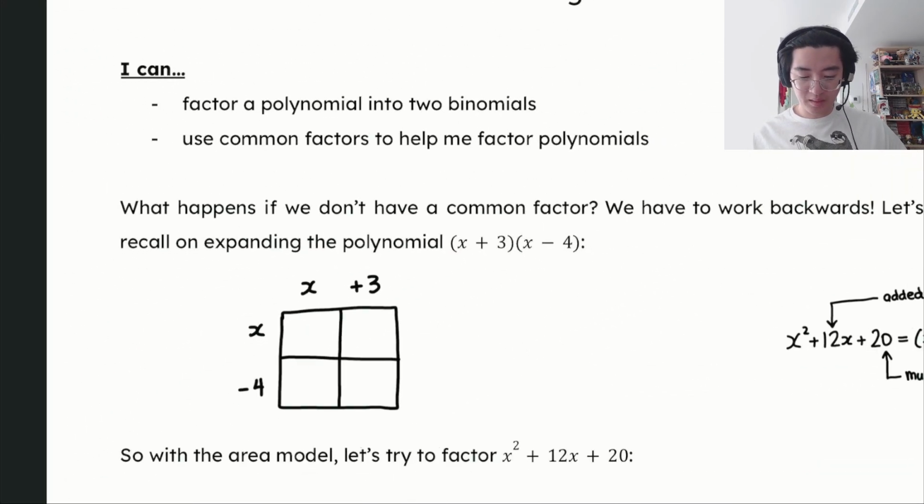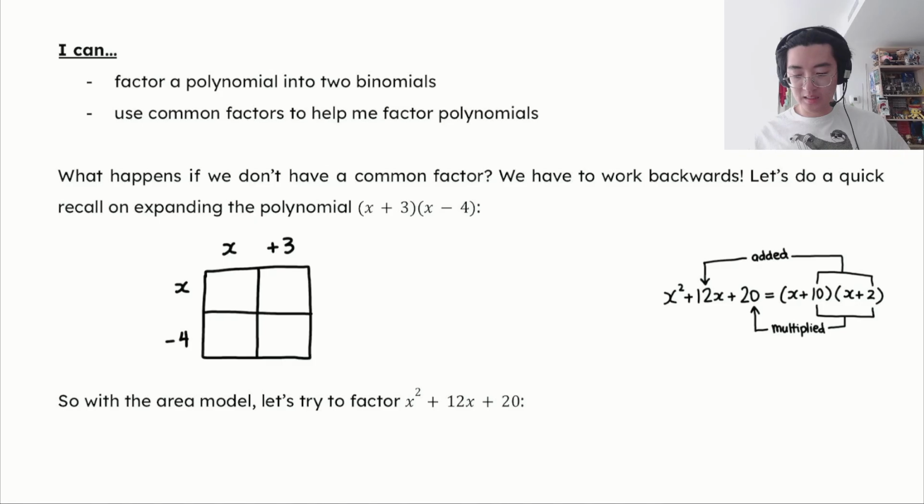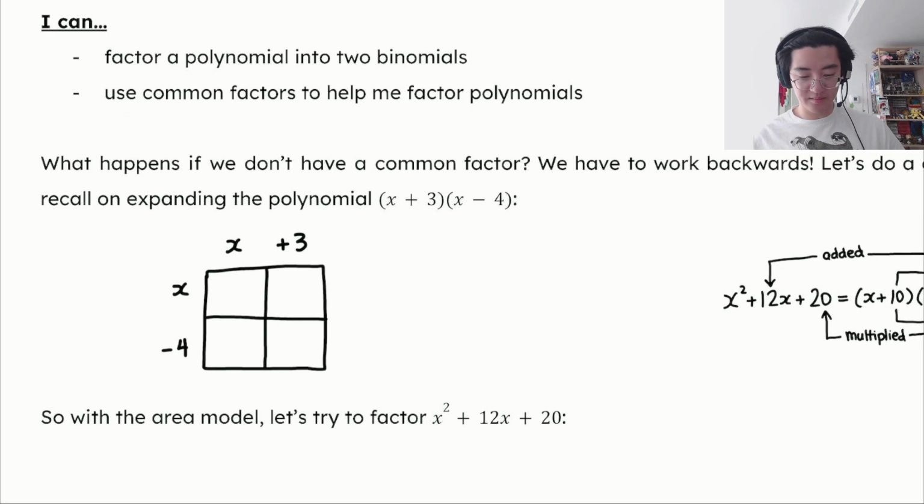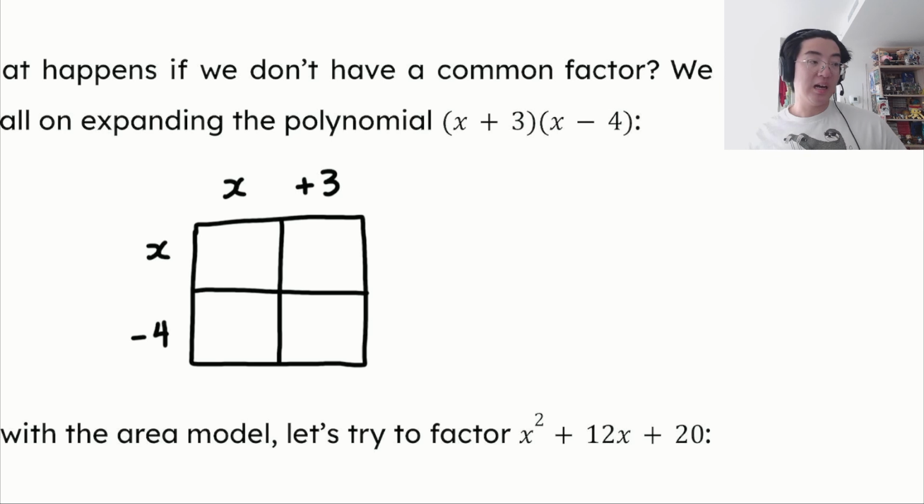Okay, so last time we talked about factoring with common factors. But most of the time we actually do not have something that's super nice to factor. So just as a reminder, how do we expand this polynomial?